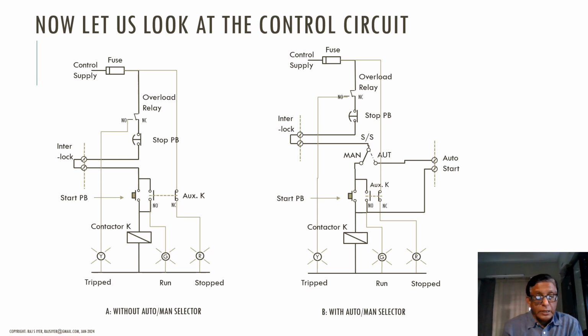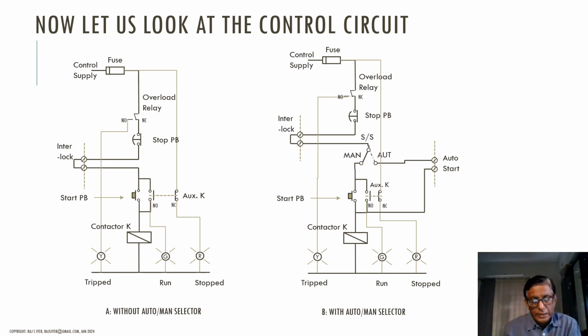And you see that in the NO contact, there is a latching contact. It is connected in parallel with the start push button, and then the NO contact is also connected to the green light, green indicator lamp. It may be red in some countries. They follow no convention.